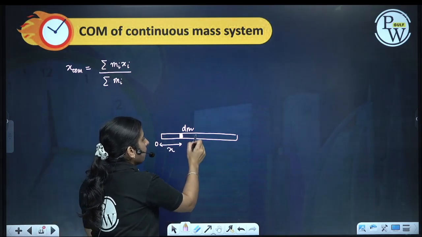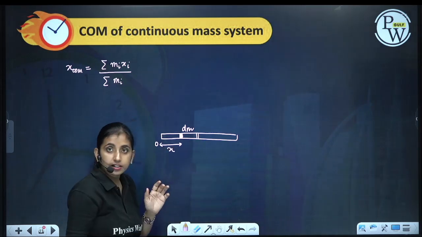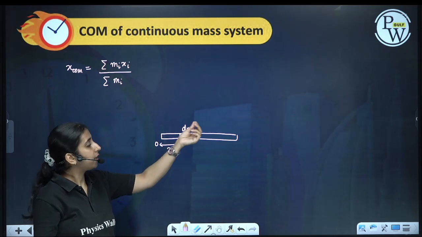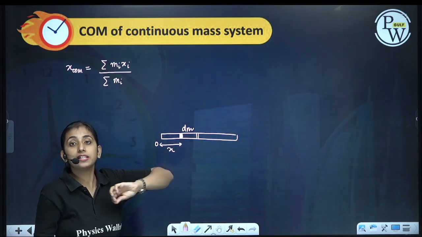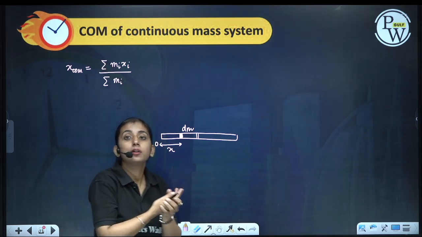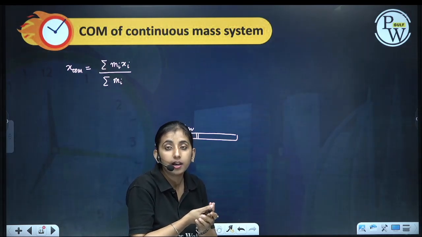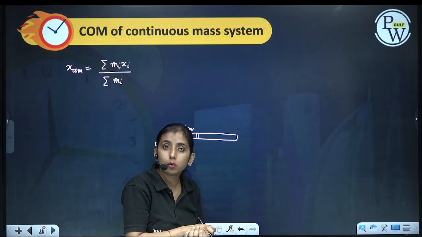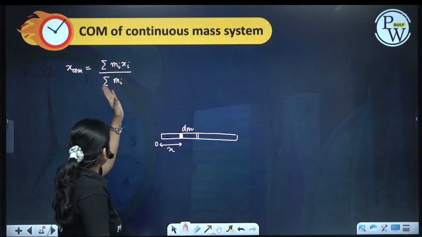Some other element will be at a different distance, so it will be dm into x1 plus dm into x2 plus dm into x3, the summation of all the dm into their respective coordinates. This is mi into xi.